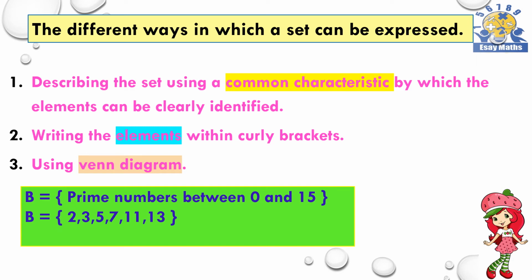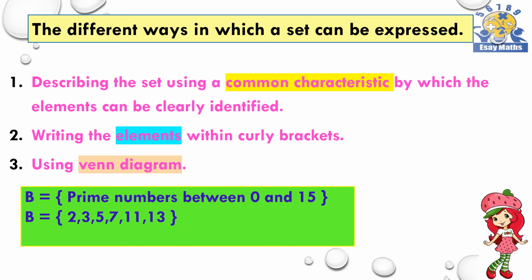Now I'm going to write the elements within curly brackets. What are the elements? 2, 3, 5, 7, 11 and 13. And when I'm writing this as a list of elements, I should put a comma to separate the elements. And there is a special thing to remember.